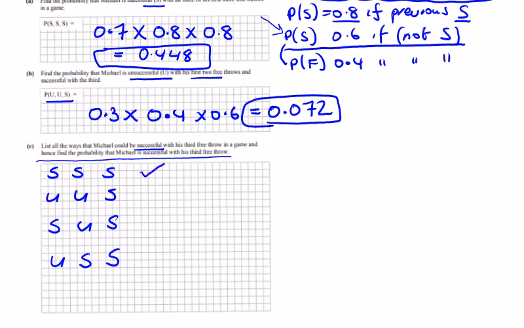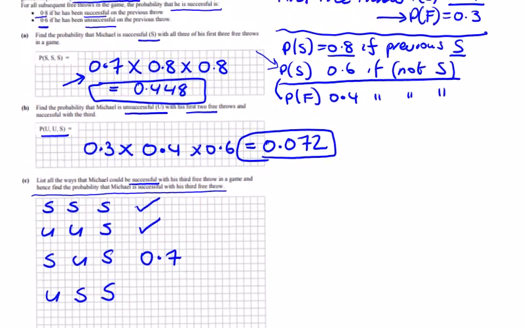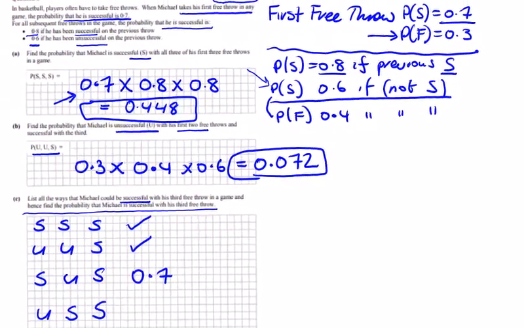So we have the first two. SUS, so successful on his first, was 0.7. From this 0.7 here, you can see. So unsuccessful, haven't been successful, we haven't come across yet. So let's just go back up. So he was successful. So the probability of failure comes from this one.